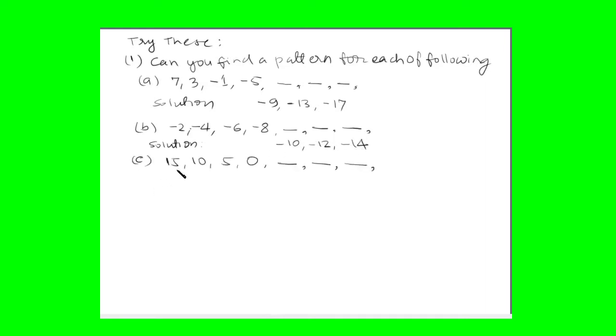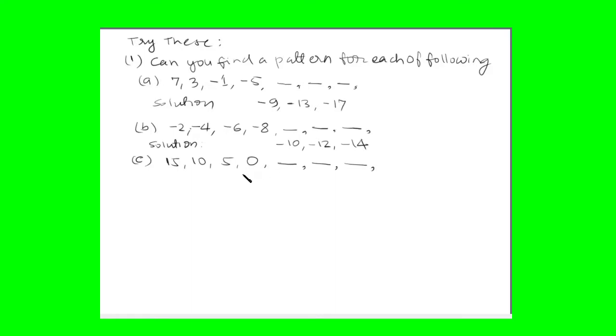Part C, the pattern is 15, 10, 5, 0, and we have to find the next three numbers of the pattern. We observe that if we subtract 5 from 15, we get 10, and if we subtract 5 from 10, we get 5, and if we subtract 5 from 5, we get 0.